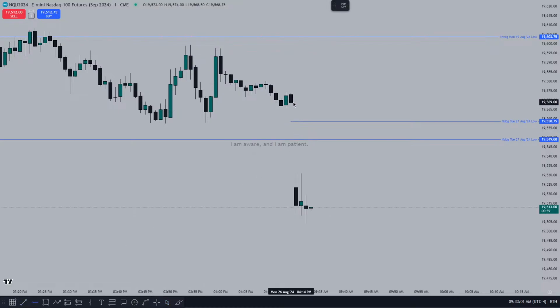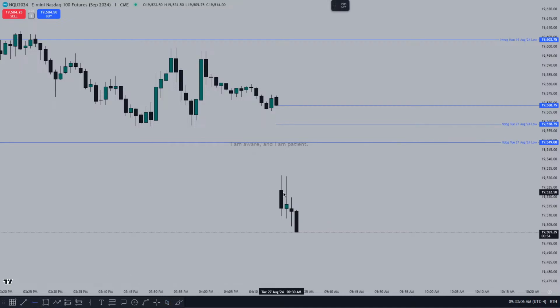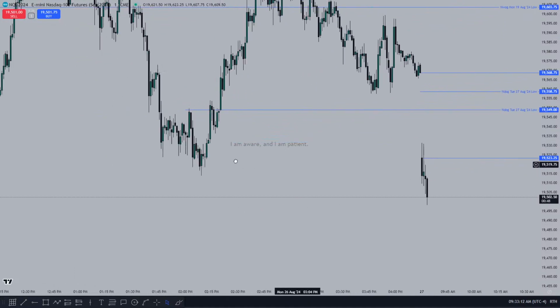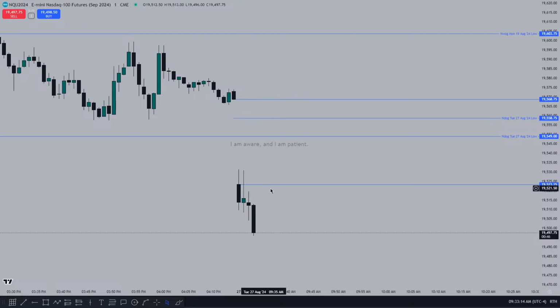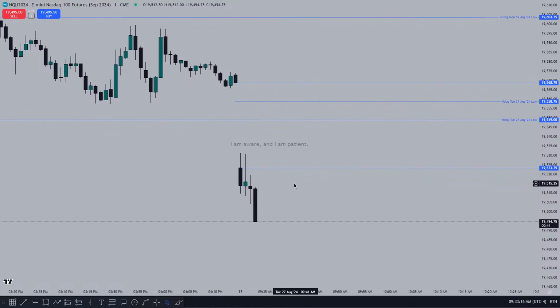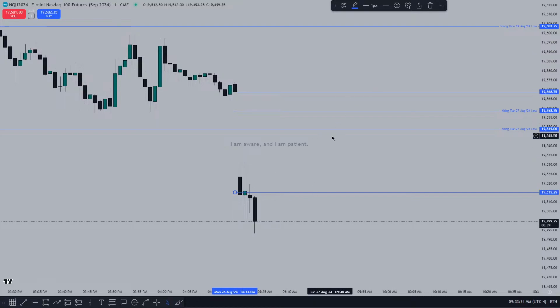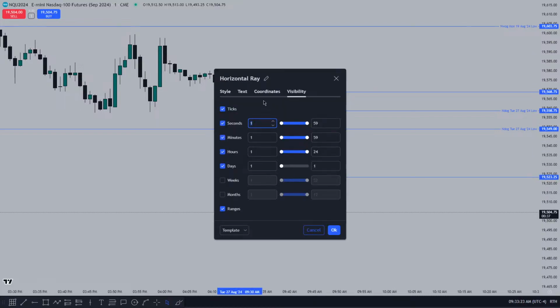The first thing I want to do is highlight the opening range gap. This opened right there. You see we're trading away from it, possibly into a high time frame gap, which I'll look into more in a second. I'm not going to be waiting for this to be left open.